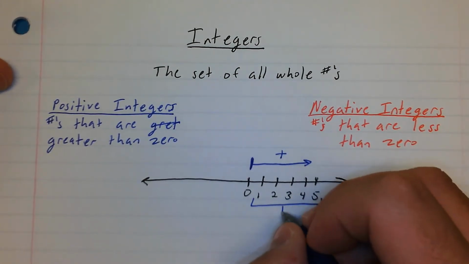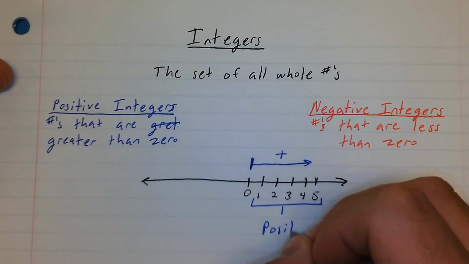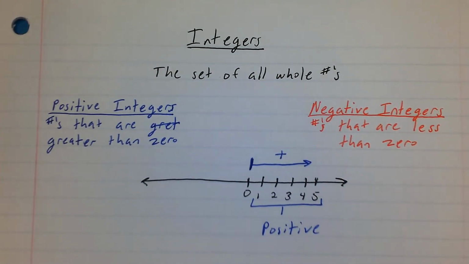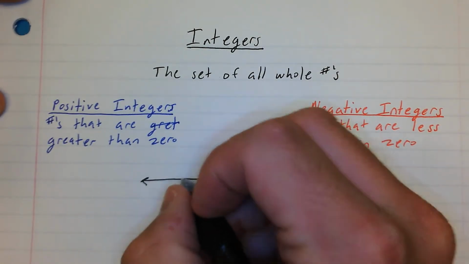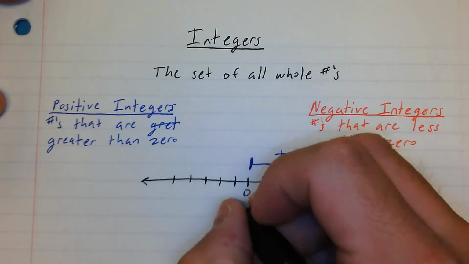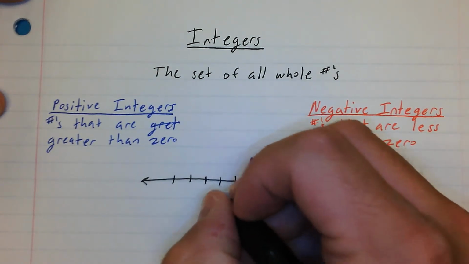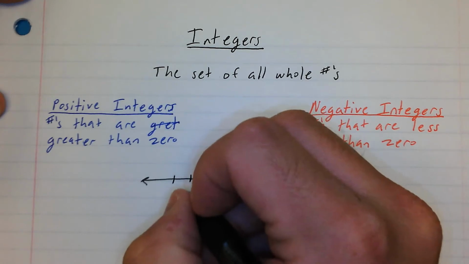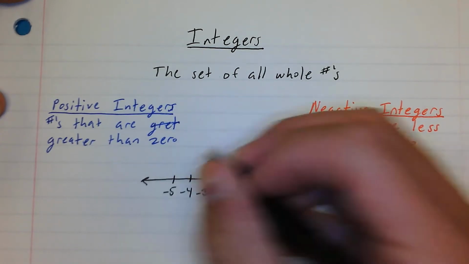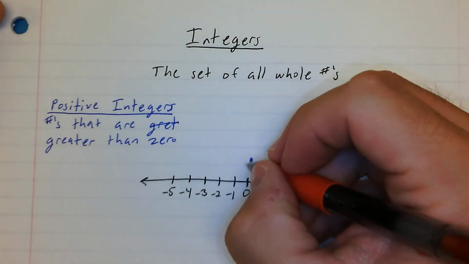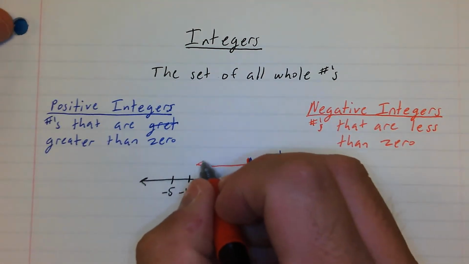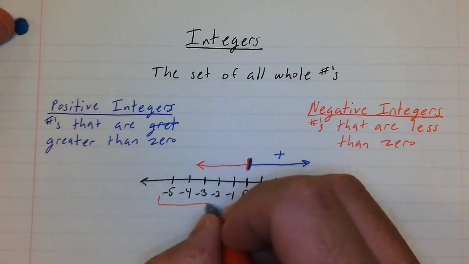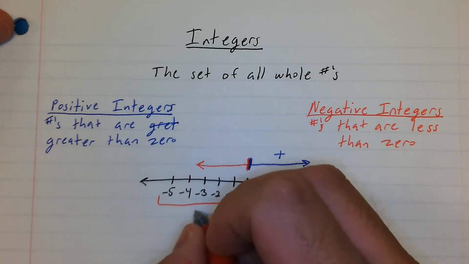So these are positive integers. All the numbers to the left, so negative 1, negative 2, negative 3, negative 4, negative 5. These are numbers that are to the left of 0. These would be considered negative integers.